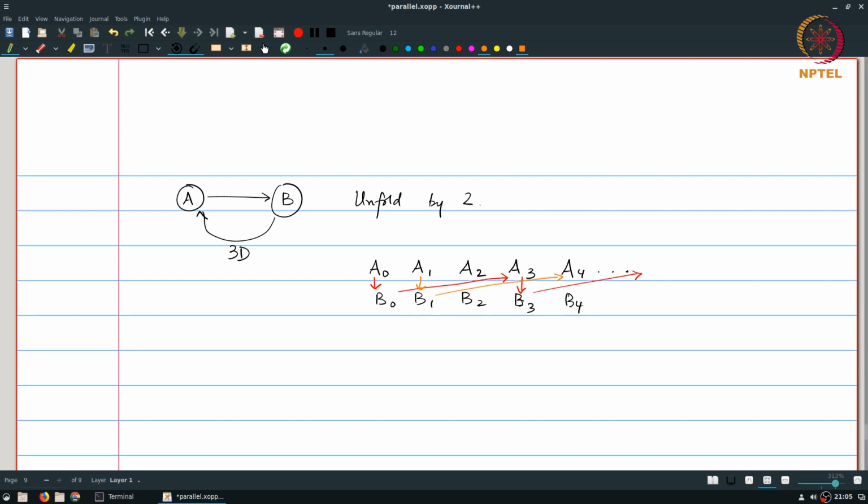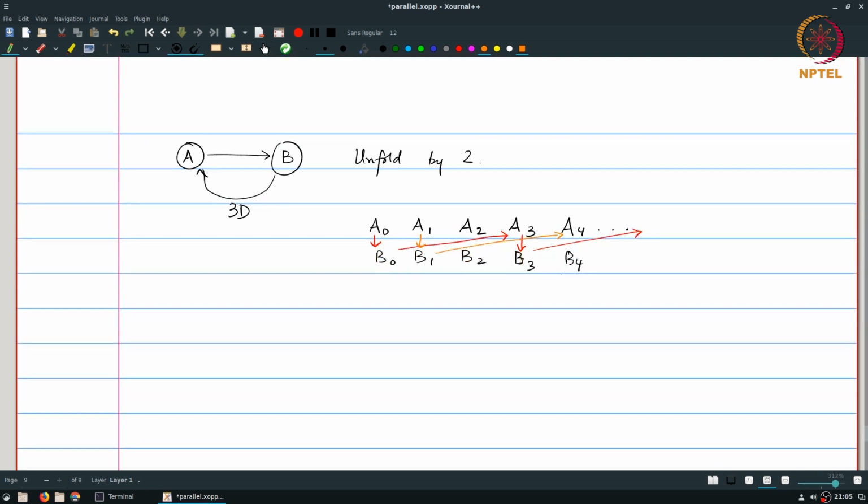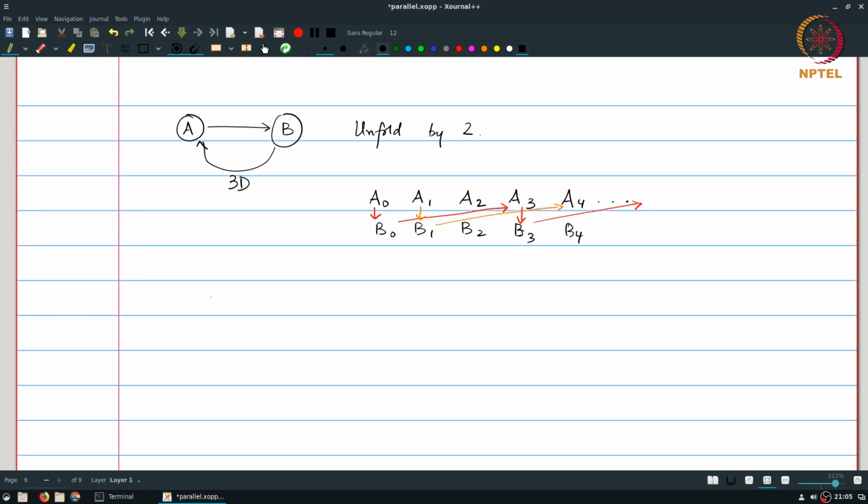Now if I redraw this in terms of my 2 parallel architecture, what I effectively have is, in my 2 parallel architecture, A0, A2, A4, etc. are computed on one node, whereas A1, A3, A5 are computed on another.